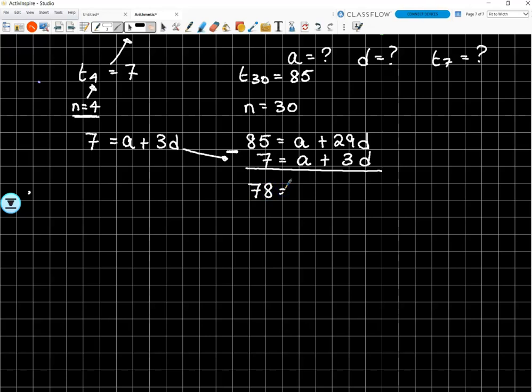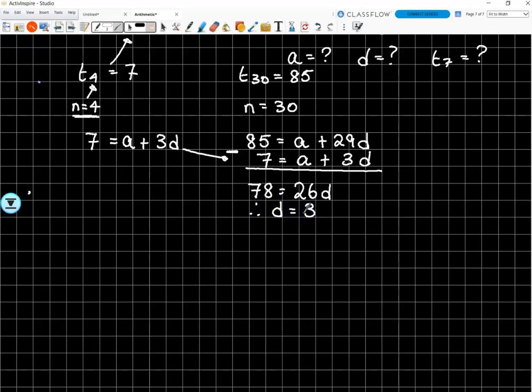A take A, no A. Am I right, Bowen? You looked at me. And what's 29 take 3? 26D. I'm really hoping that 26 times 3 is 78, is it? So therefore, D is 3.